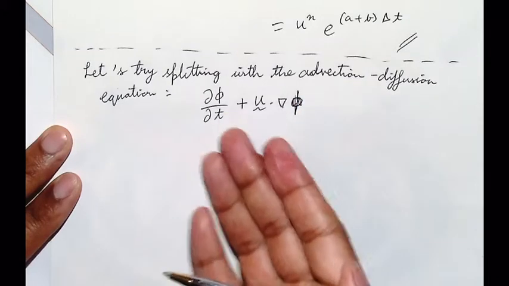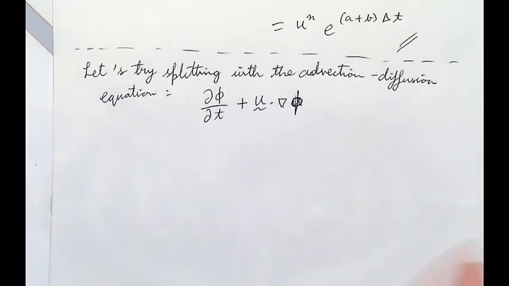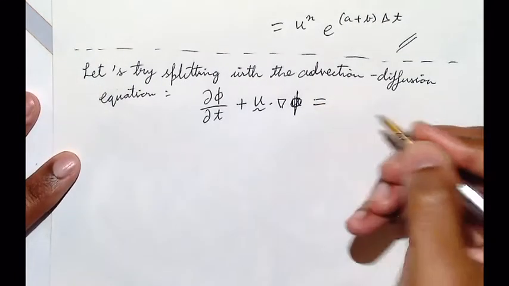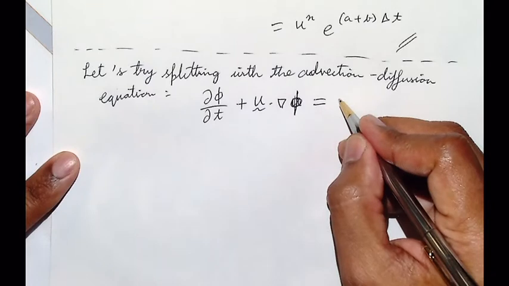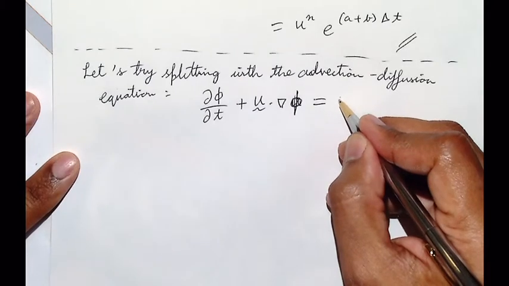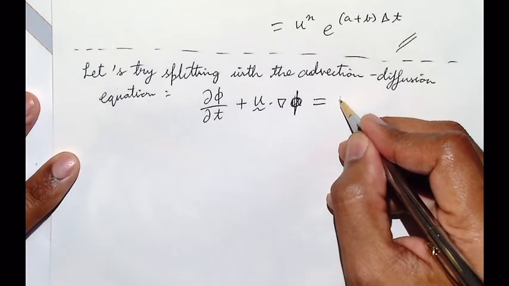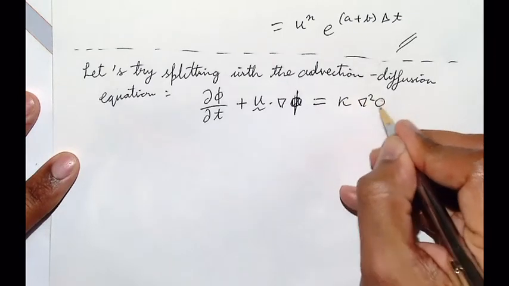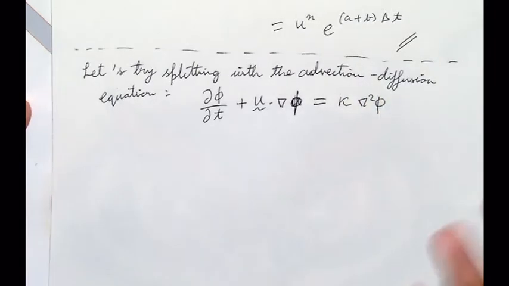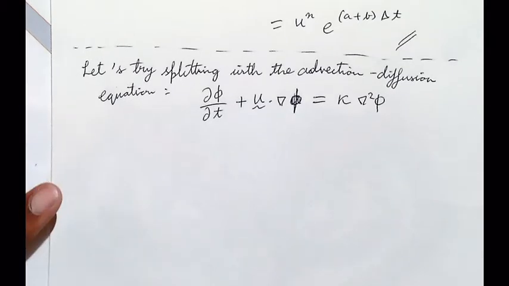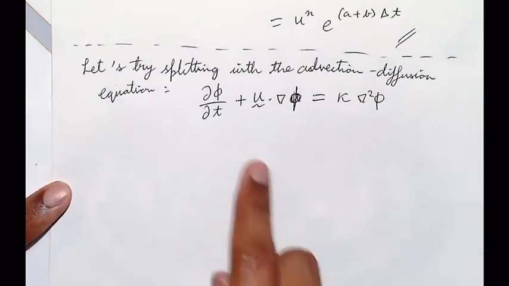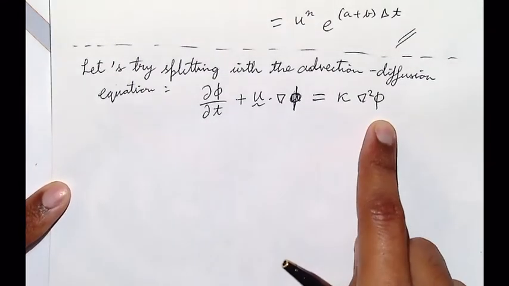We're saying we're advecting a scalar φ, so this is a linear PDE, equals the diffusion term, which is κ∇²φ. Kappa is diffusivity. Nu we would use when we are talking about velocity, viscosity. Okay.